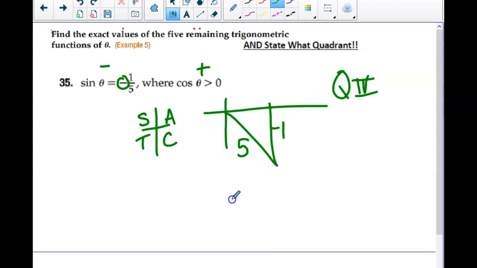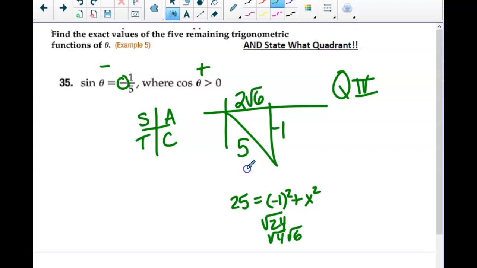Okay, when I do Pythagorean theorem, hypotenuse squared equals legs squared plus other legs squared, I would get 24, which is 2 square roots of 6. Positive or negative? How do I know? Because it could be either. I went to the right. All right.